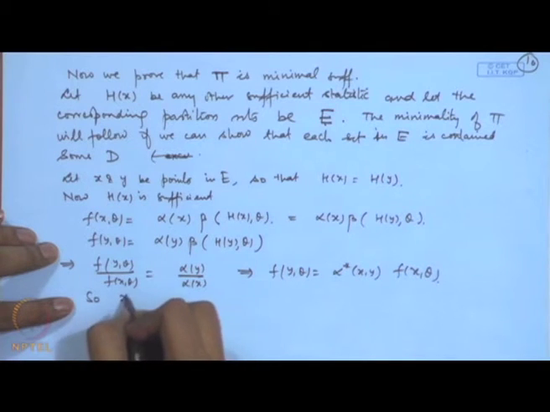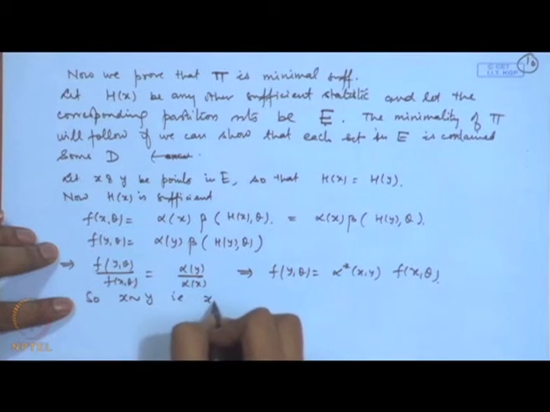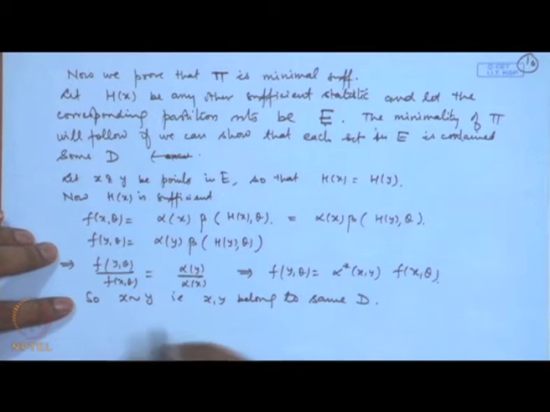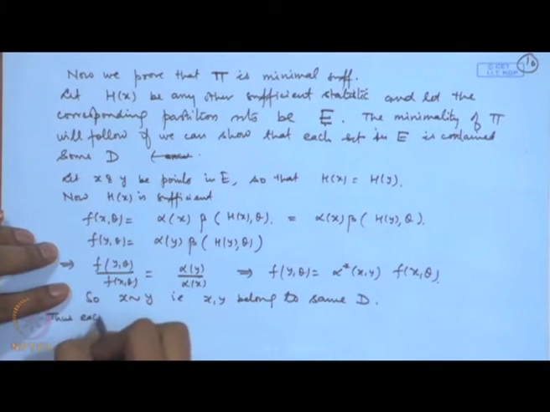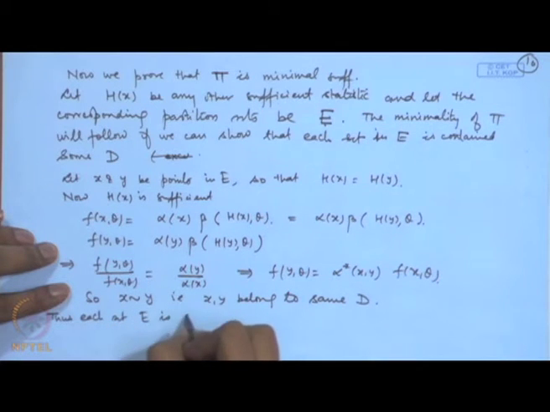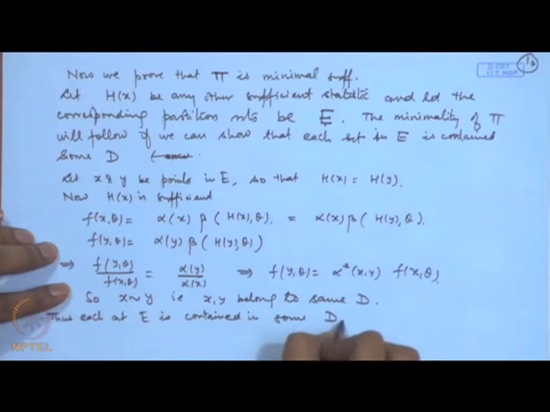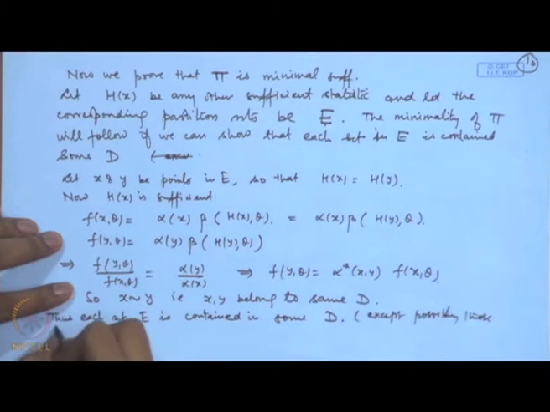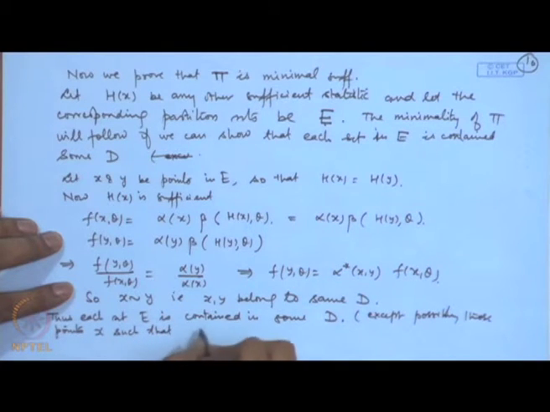So, x is equivalent to y, that is x, y belong to the same D. Thus, each set E is contained in some D, of course, except possibly those points x such that alpha(x) is equal to 0.